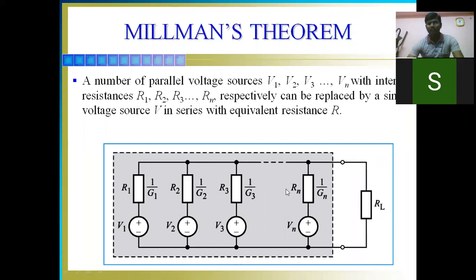If you want to find the current flowing through the load, how can we simply calculate it? It is given by Millman's theorem.